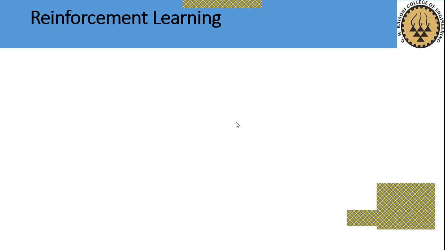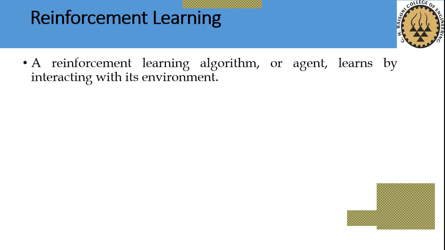Now, the third type of machine learning algorithm is reinforcement learning. So what do you mean by reinforcement learning? In reinforcement learning, the algorithm or agent learns from interacting with its environment. What do you mean by environment?